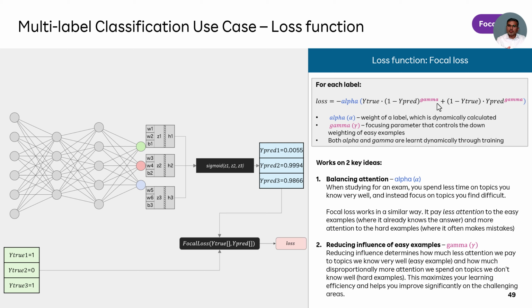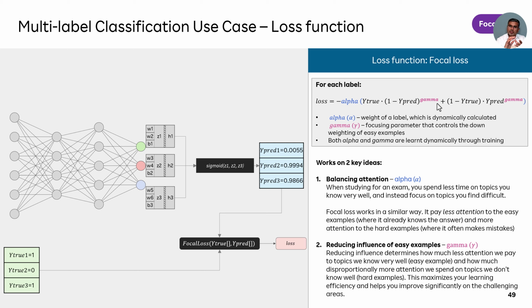Now, what do these two parameters do? Think about it this way. Let's say you're studying for an exam and there are multiple topics. Ideally, if you know certain topics, you would like to spend less time on those topics and spend more time on topics that you're not very familiar with. So essentially, you want to balance your attention to those things that are more difficult for you. And that's what the alpha value does. It's almost like the weight value of the weighted cross entropy loss function.